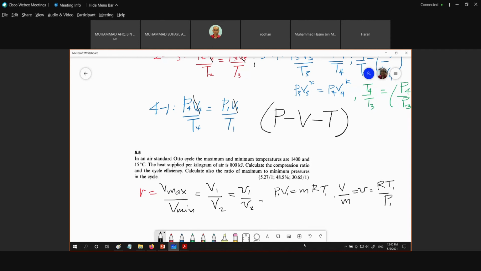Okay, the T1 is given. But if we are going to use this formula to get the v, we need to know the pressure. So we cannot solve for the V1 in this case, because we don't know the pressure.